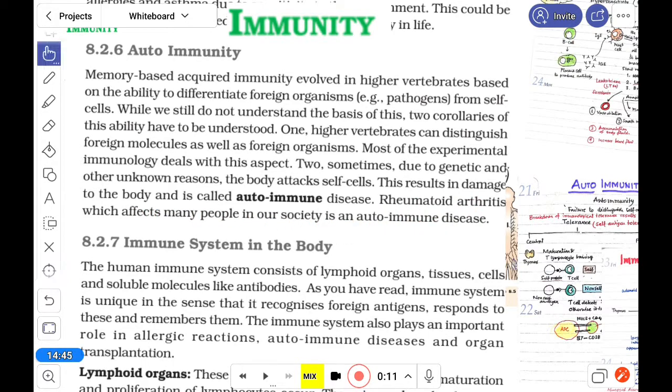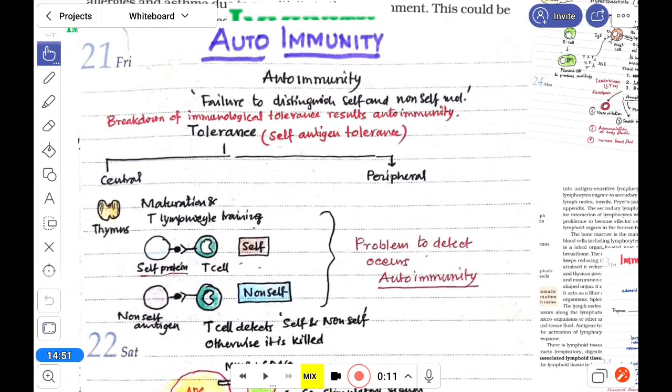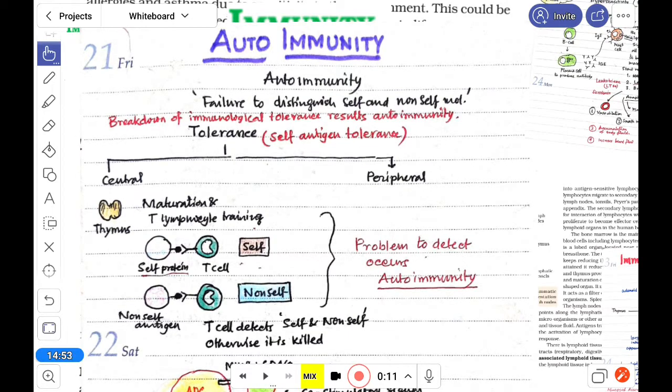We can see how it can happen, what the actual failure is. In autoimmunity, there is a failure to distinguish self and non-self. The breakdown of immunological tolerance is the result of autoimmunity. What is tolerance here? Tolerance means self antigen tolerance.